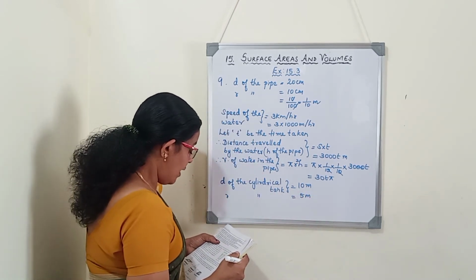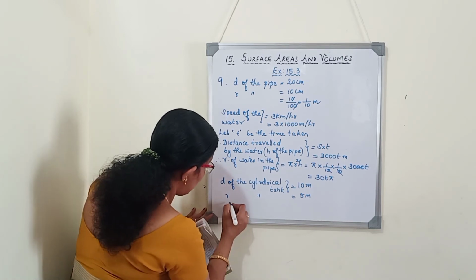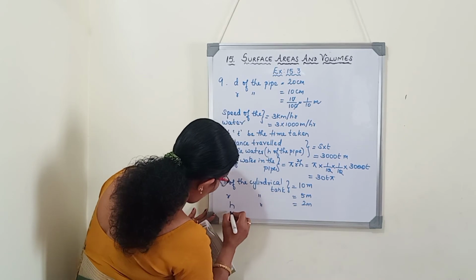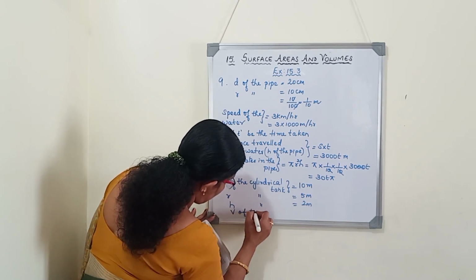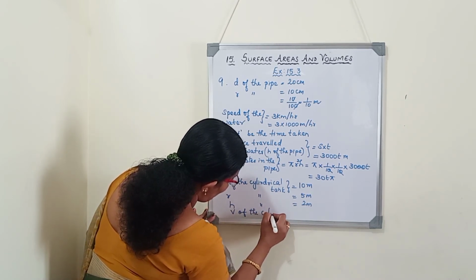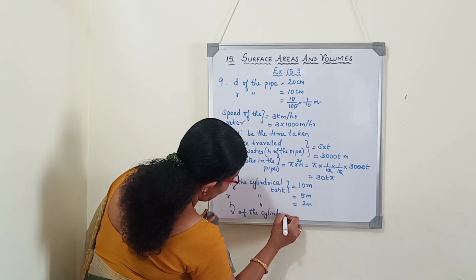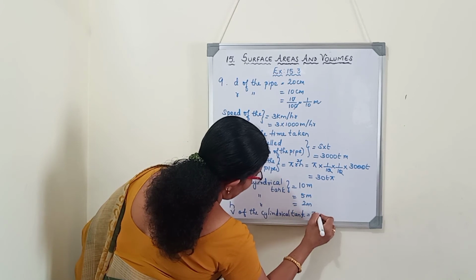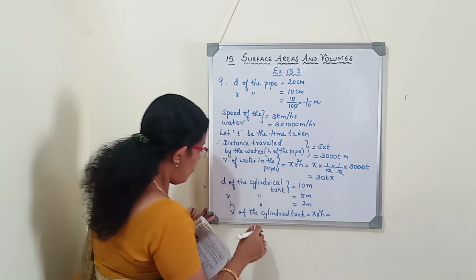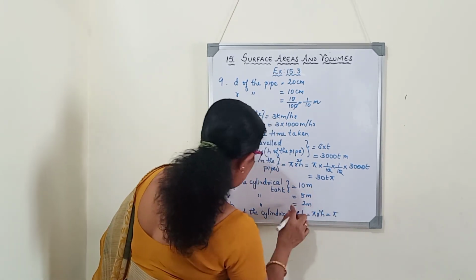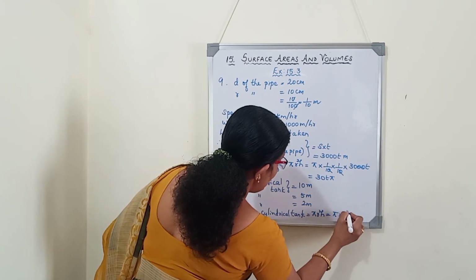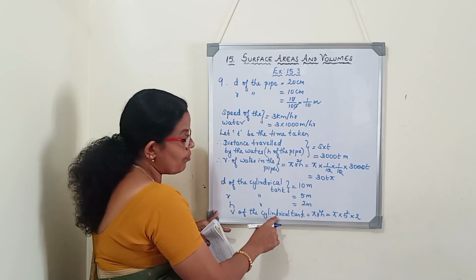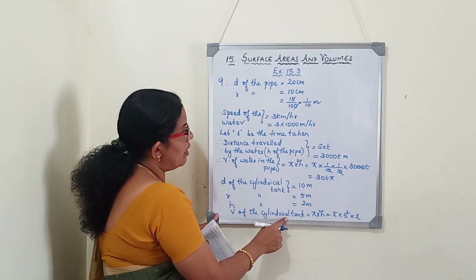Next, height of the tank is 2 meter. Therefore, volume of the tank, volume of the cylindrical tank. Volume of a cylinder is pi r square h. So, pi into radius 5 square into height 2. This is the volume of the cylinder or volume of the water in the cylindrical tank.